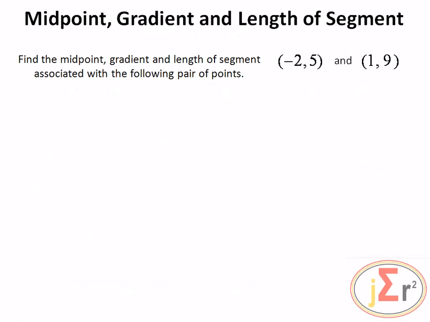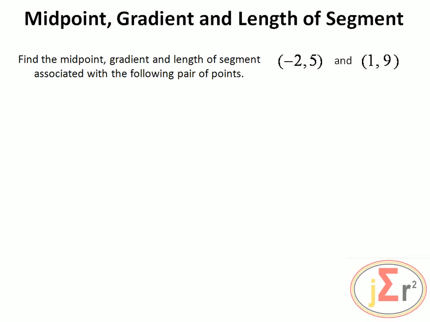Now that we have the formulae of the gradient, the midpoint, and the length of the segment, we are going to use them in order to find the length of segment, gradient, and midpoint that are associated with 2 points.